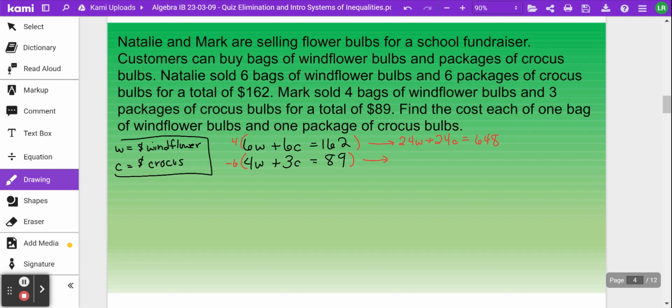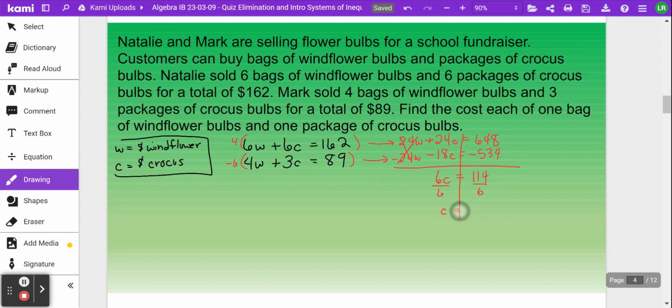On the bottom, all those times negative 6: negative 24W, negative 18C, and 89 times negative 6 is negative 534. I have opposites with the W's, so I can add these equations together. You get 6C equals 114. Divide both sides by 6.